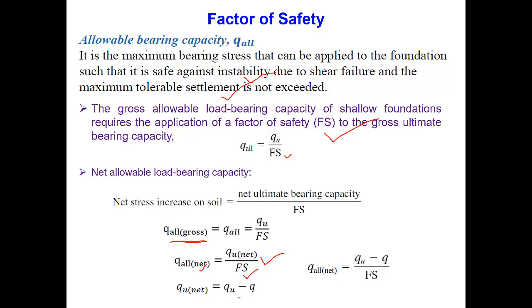That is QU minus Q. That is your surcharge soil, right? You reduce the capacity of surcharge from the actual soil below the ground. So if you replace QU net here, it would be QU minus Q. So that is the factor of safety calculation for the net one.